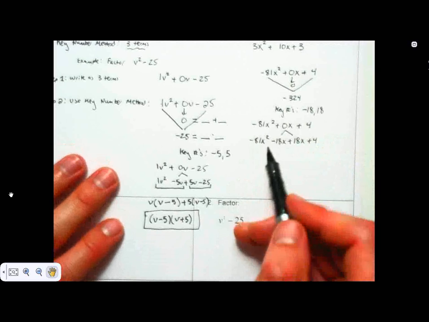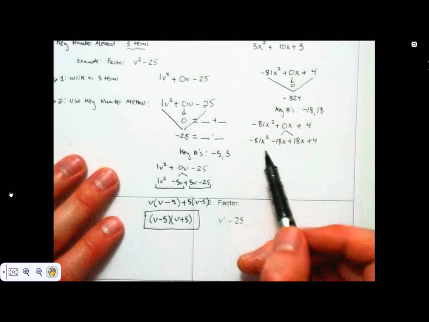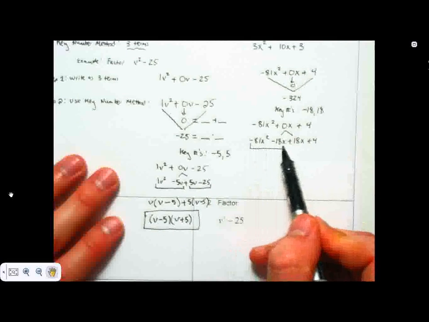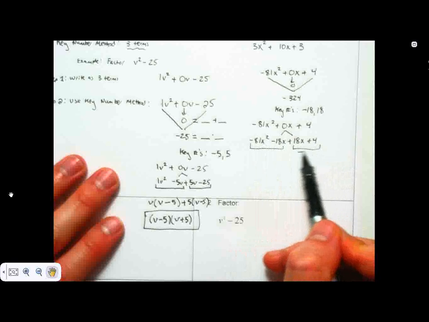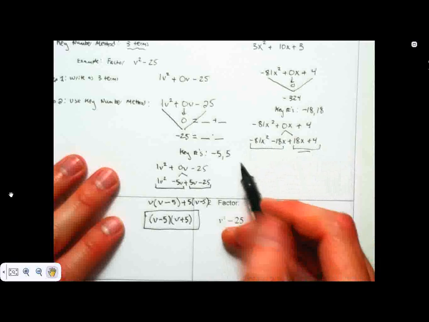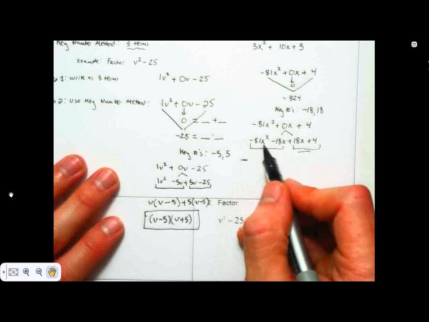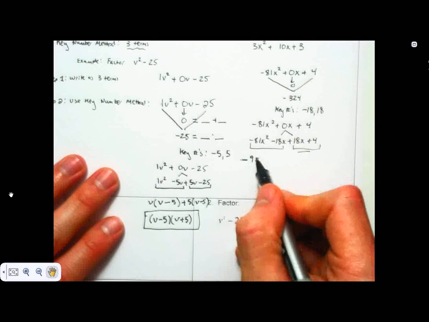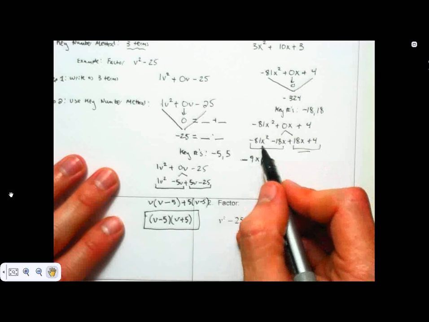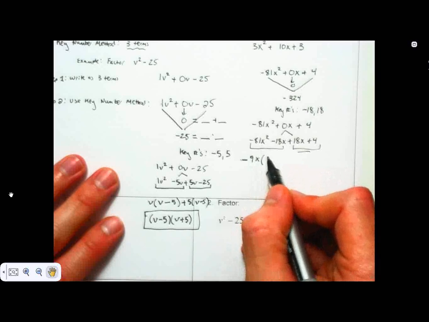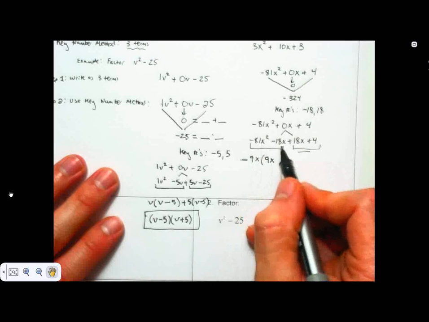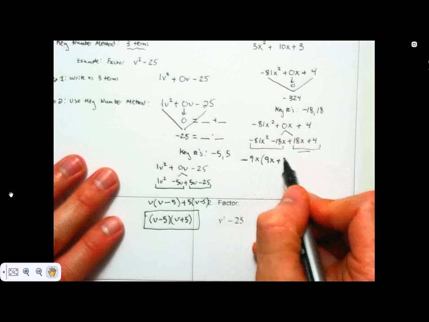Okay, so notice how the first term is negative. So when I do my grouping, and I'm factoring my first group, I'm actually going to factor out a negative. And the greatest common factor is going to be negative 9x here. So if I factor a negative 9x out, I'm left with 9x and then plus 2.